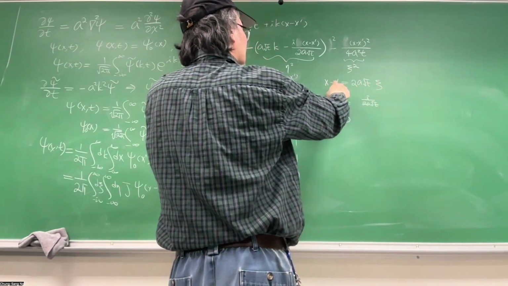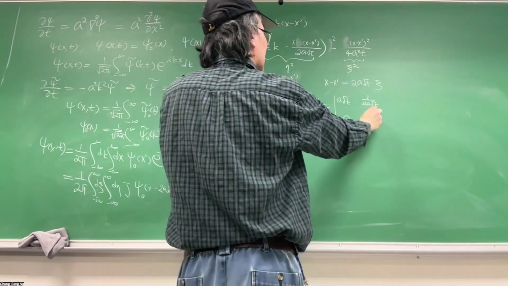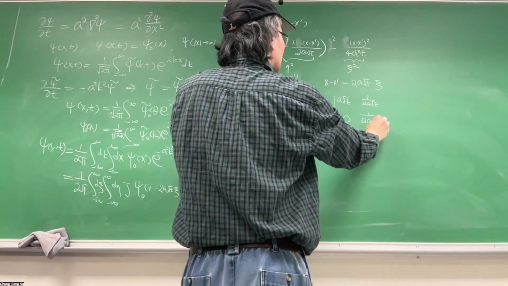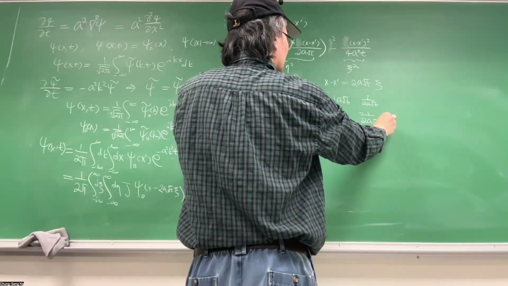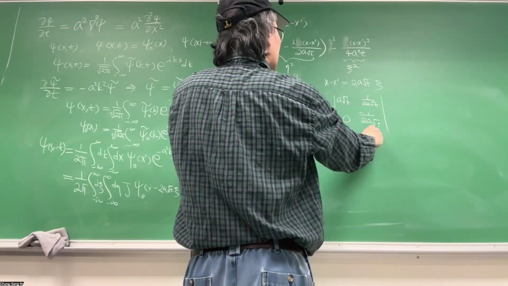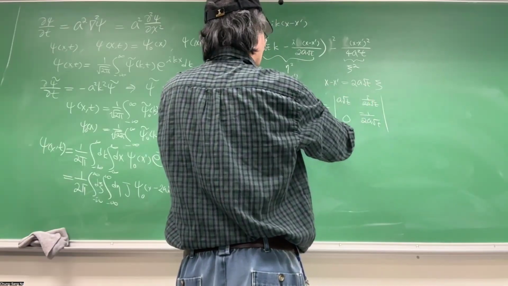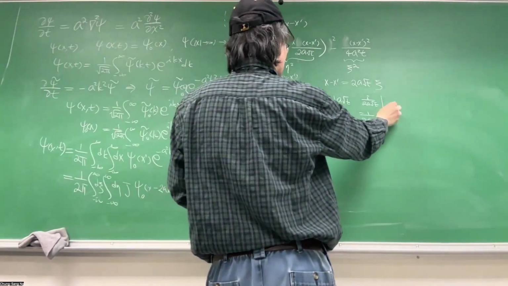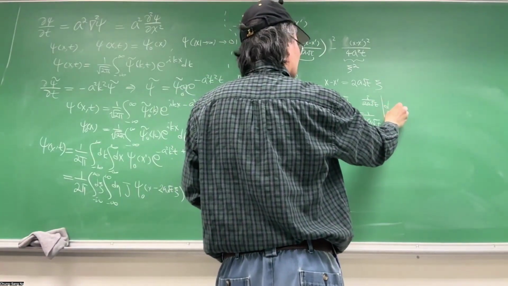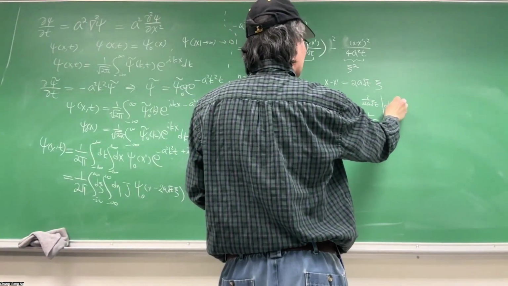As you can see, partial x pi is 1 over 2a with a minus sign, right? But for the Jacobian, we're using the absolute value. But we talked about that before.